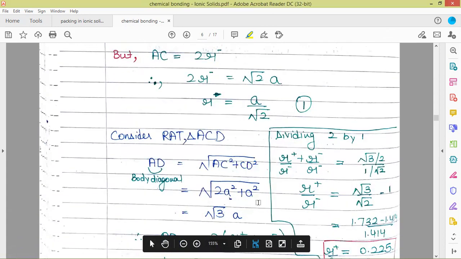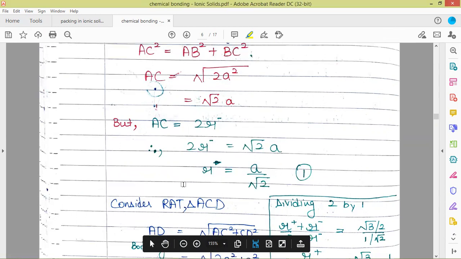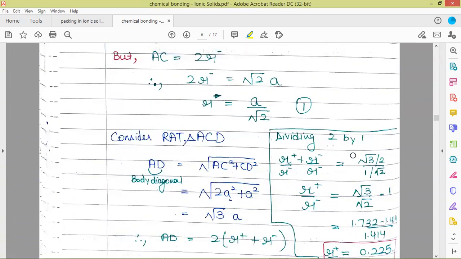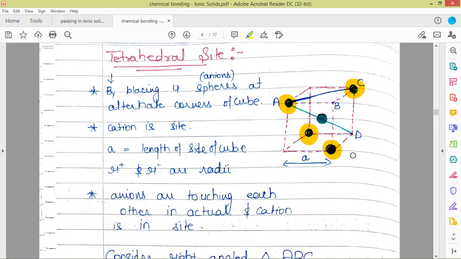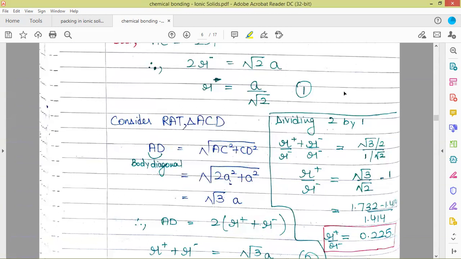Next, we'll take the right angle triangle ACD. In this triangle, AD, which is the body diagonal of the cube, AD square is equal to AC square plus CD square. CD is A and AC we have already calculated previously.